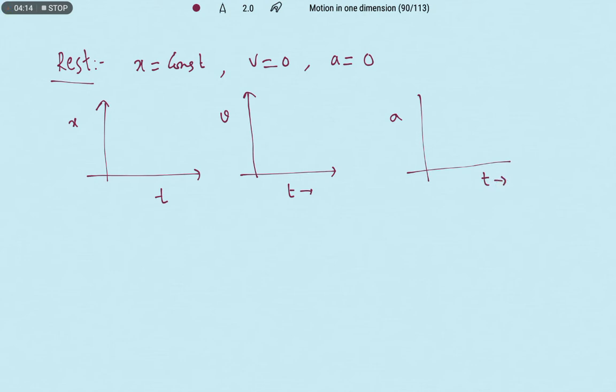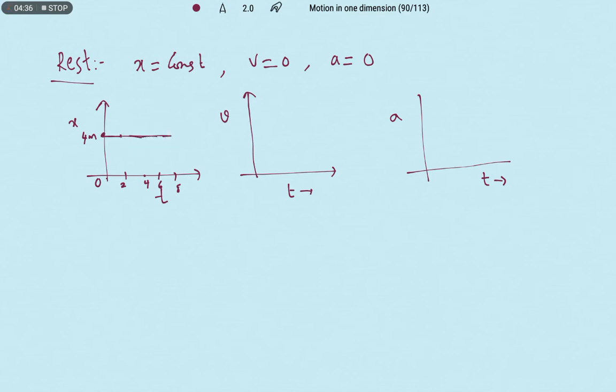Position is constant. Suppose I take the position at 4 meters from the origin. At 0 seconds it will be at 4 meters, at 2 seconds it is at 4 meters, like that. At any instant of time, the position of the object will be the same.